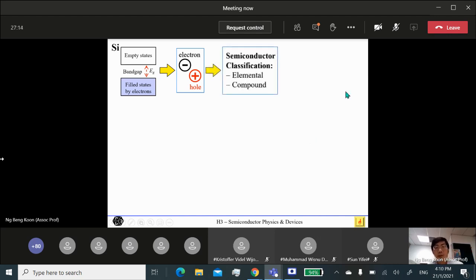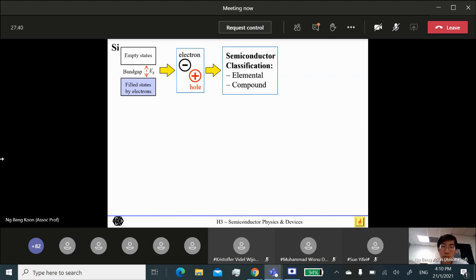All right. Now we also mentioned that semiconductors can be broadly classified into two categories depending on the number of elements used in the semiconductor. The elemental type are those that have only one element type, so materials like silicon or germanium. These are considered elemental semiconductor materials.